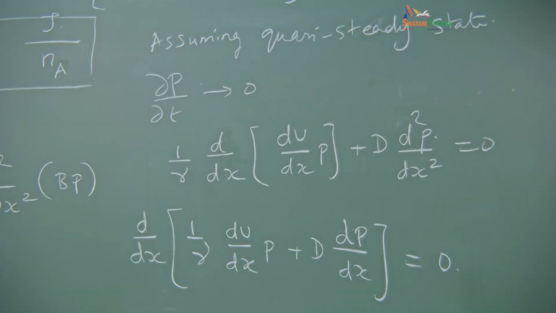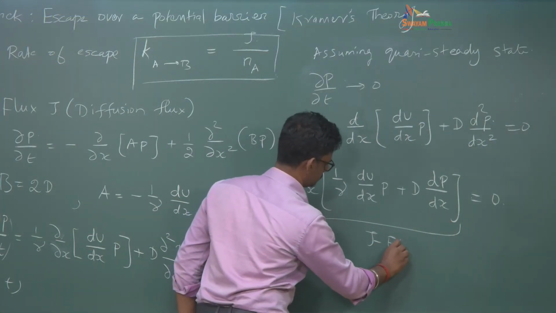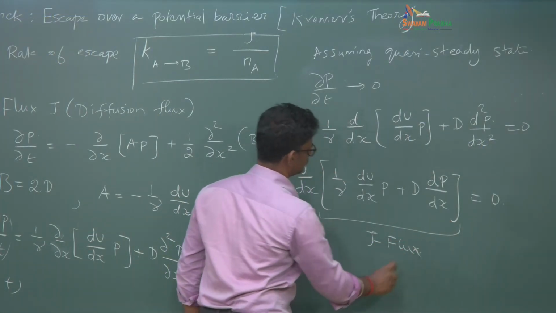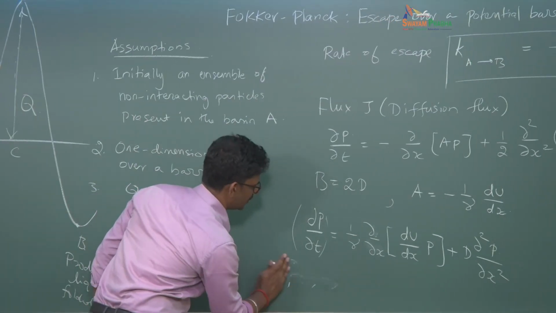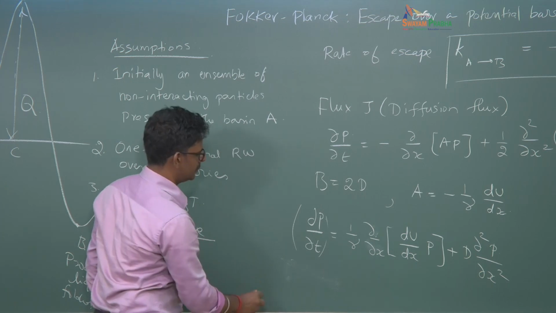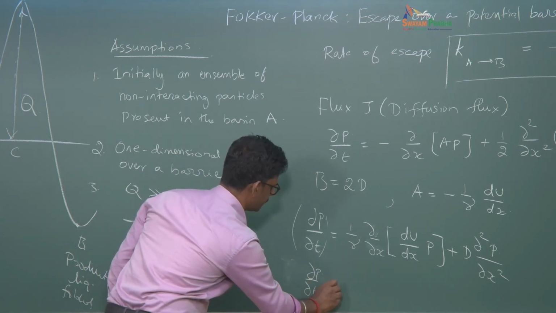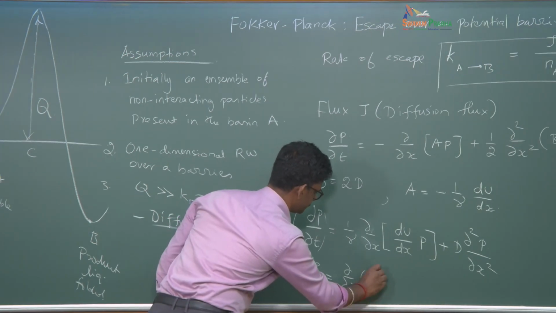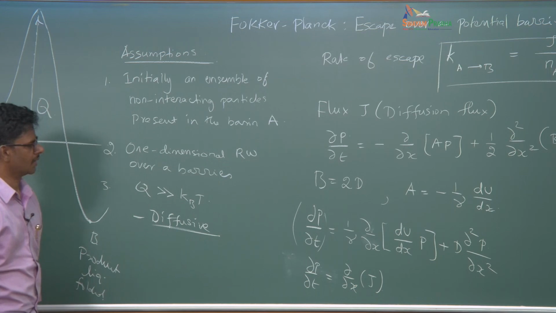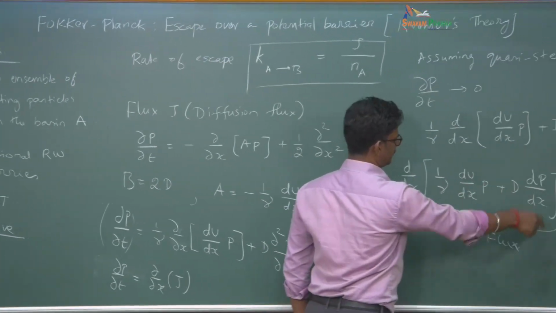And we denote this as the flux. In fact, if you go to the original equation, you can actually show that dou P by dou t is equal to dou by dou x of J. Okay, so this entire term that you see here, that's a flux.